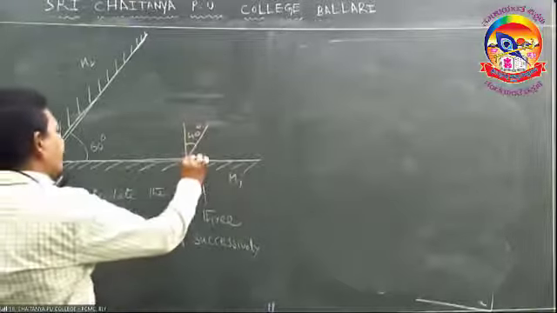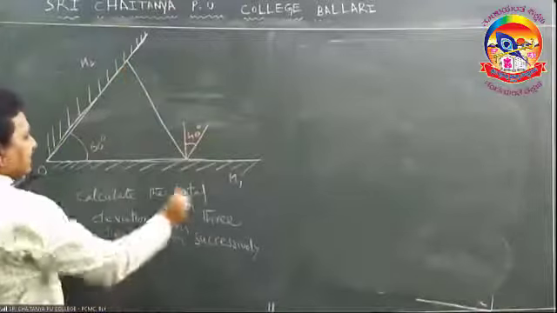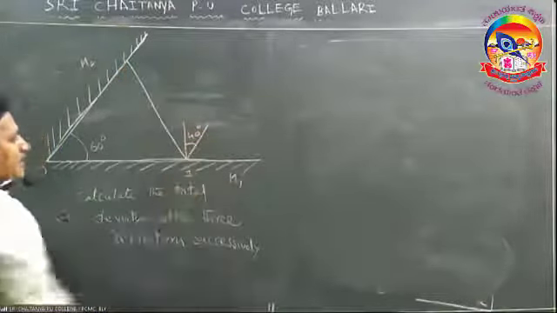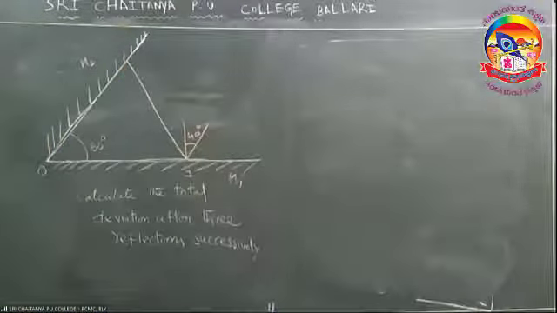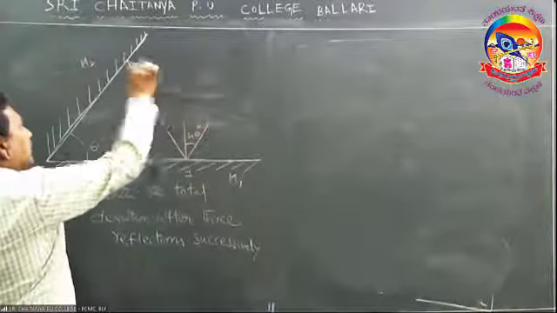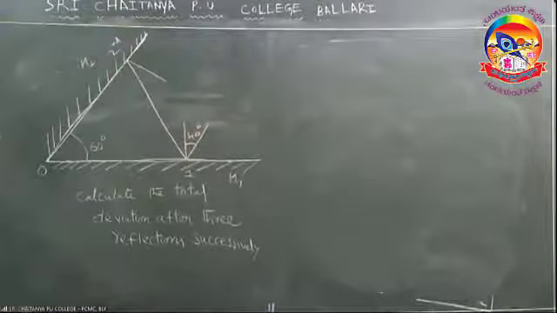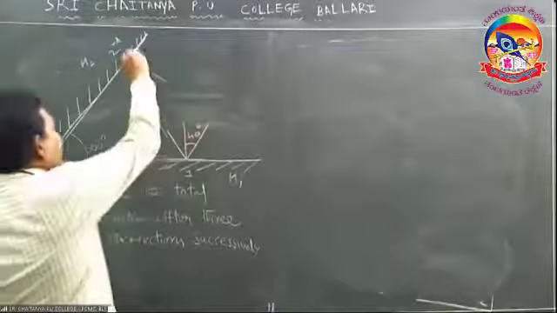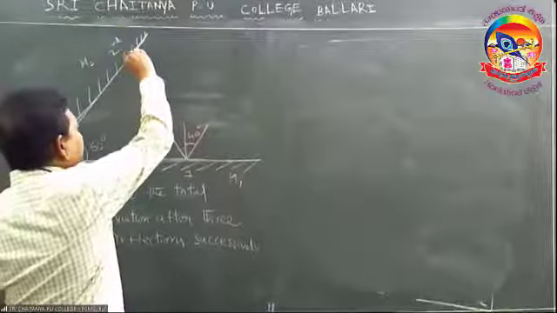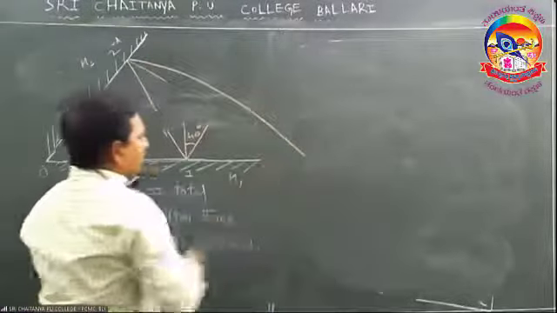First, the ray is reflected. First reflection over. Now here is the normal. Here is the second reflection. The light ray is reflected and falls on the first mirror.